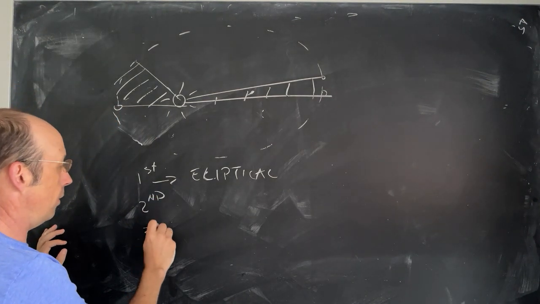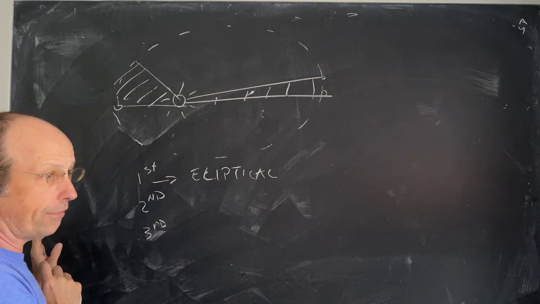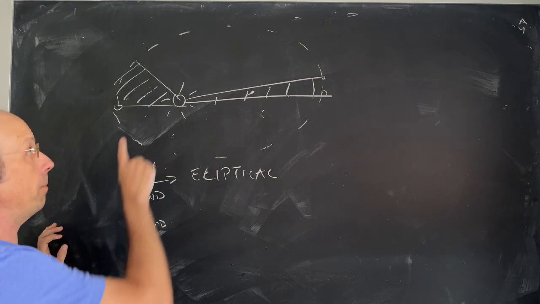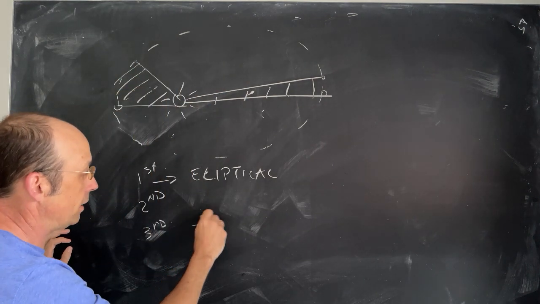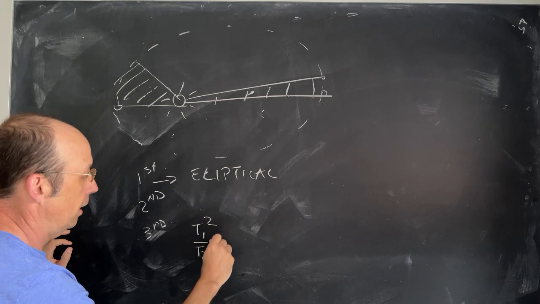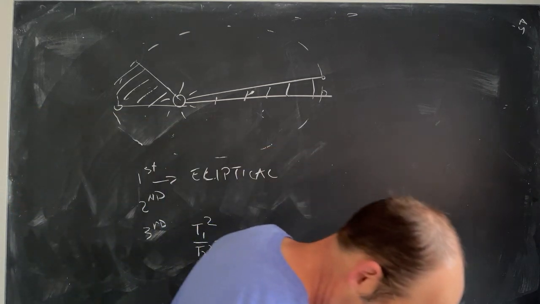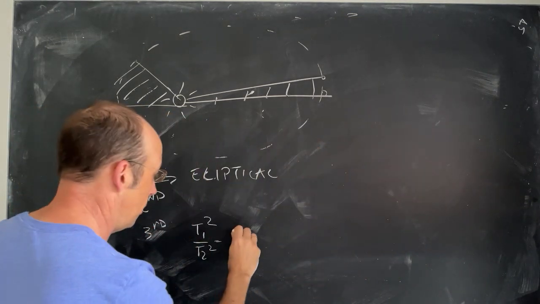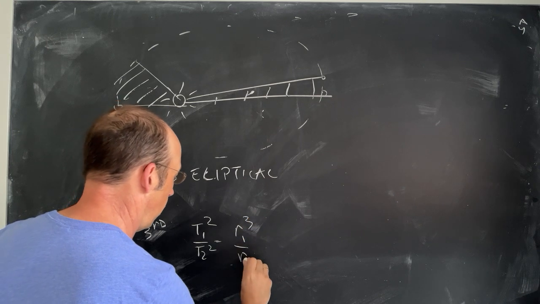But then the third law, which we can derive for circular orbits, says that the period of rotation, T1 squared over T2 squared, is equal to R1 cubed over R2 cubed.